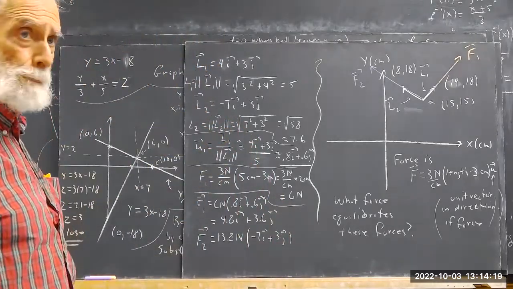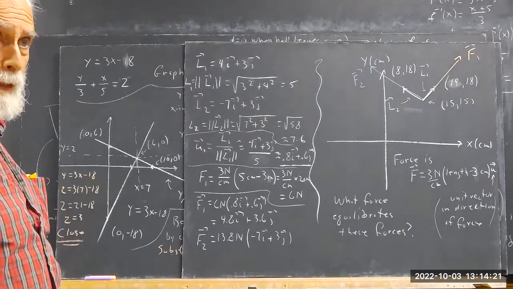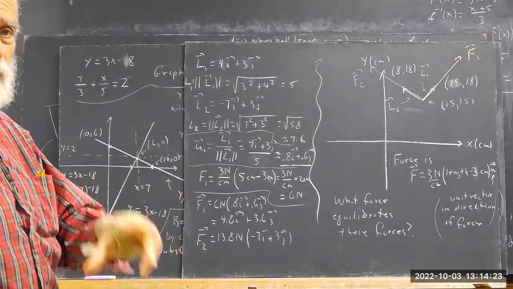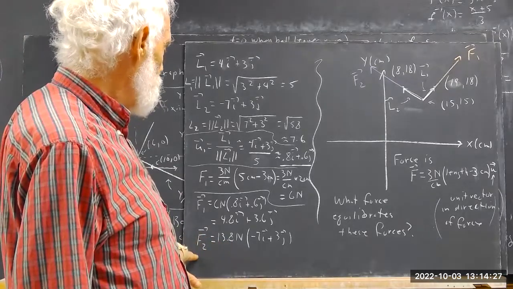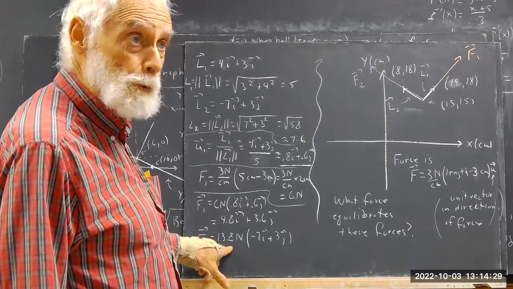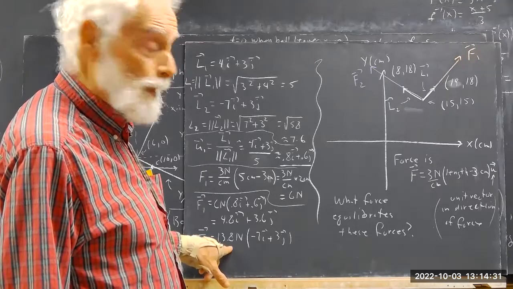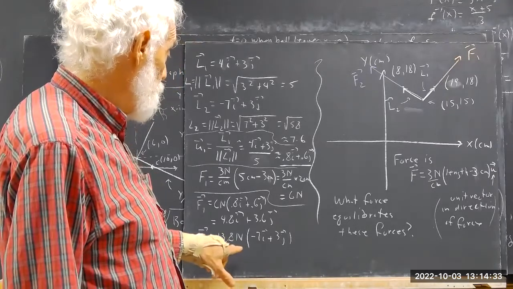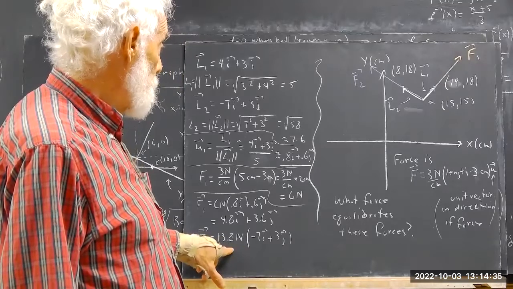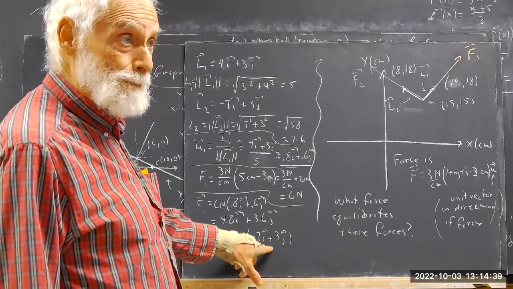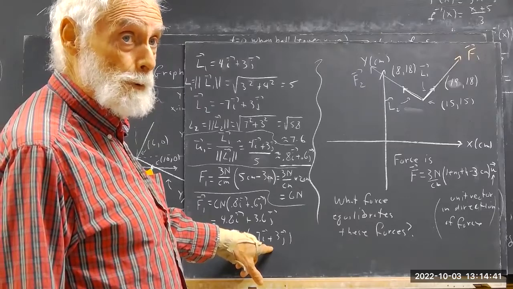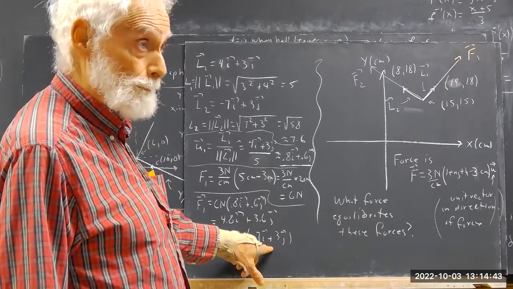And the problem with that, what we need to understand, is that the force is going to have a magnitude of 13.8 newtons. This force would have a magnitude of 13.8 newtons multiplied by the magnitude of this vector. It wouldn't have a magnitude of 13.8 newtons, and it would be way too big.